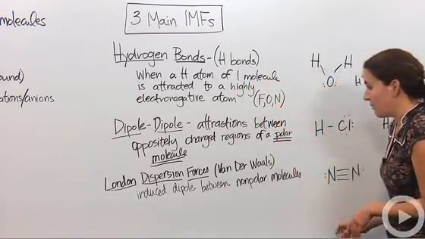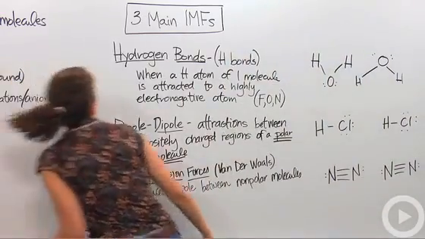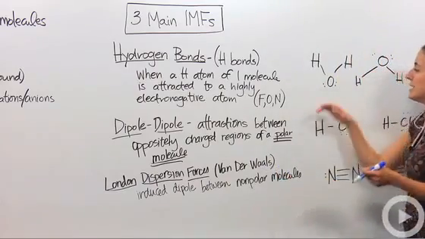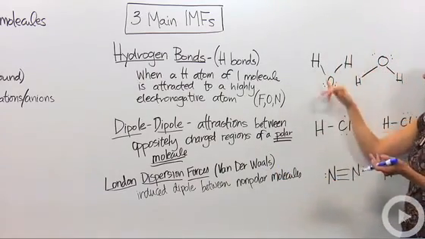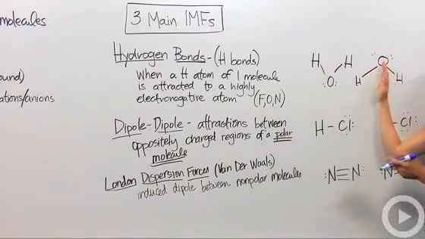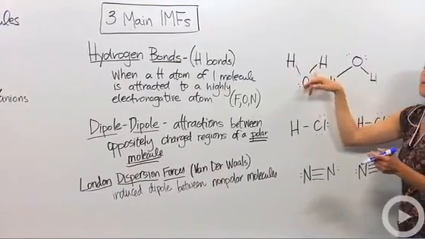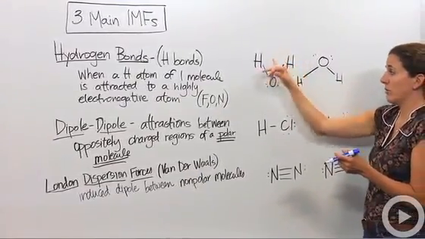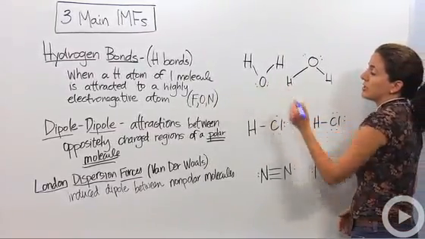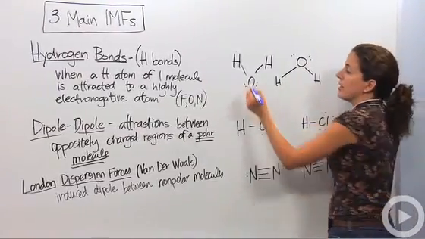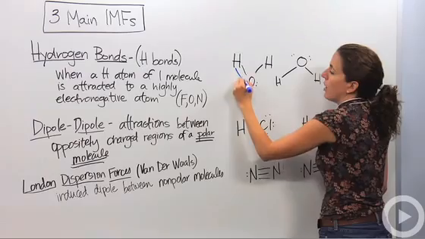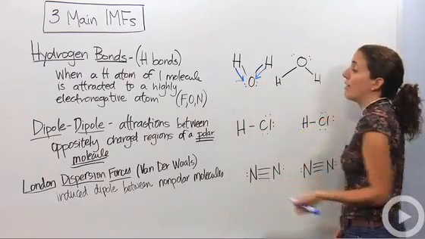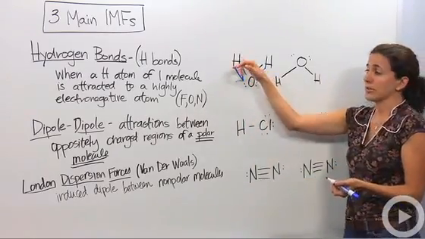What I mean by that, let me grab a pen, is let's take water for example. Here's one water molecule and another water molecule. These are the covalent bonds within the water molecule, not the IMFs. We know that oxygen is much more electronegative than hydrogen, so the electrons are going to flow a lot more around the oxygen atom than around the hydrogen atom.